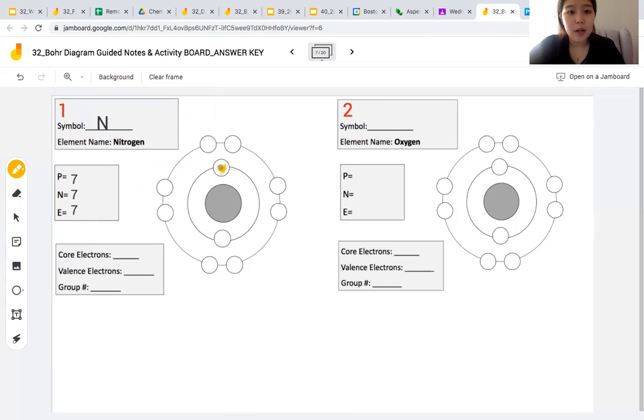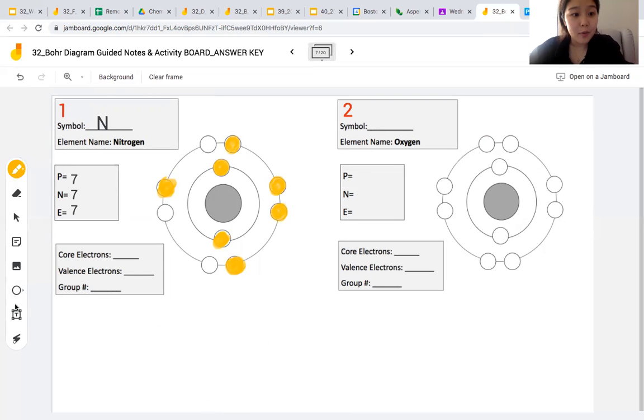All right, 1, 2, 3, 4, 5, 6. Notice now I gave 1 electron to each side, so now I'm okay with pairing 7.